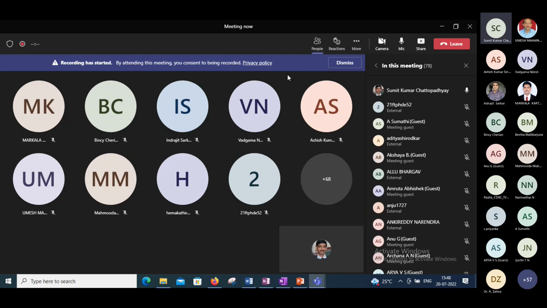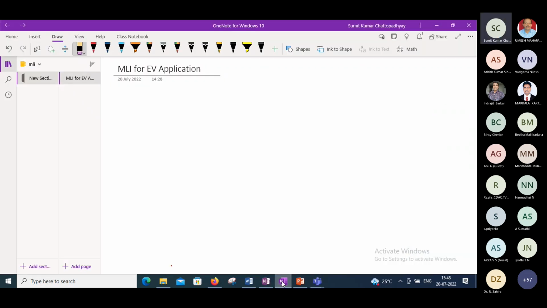Now, electric vehicles, as we see, how do we define an electric vehicle? It comes in different ranges, right? It can be a two-wheeler.